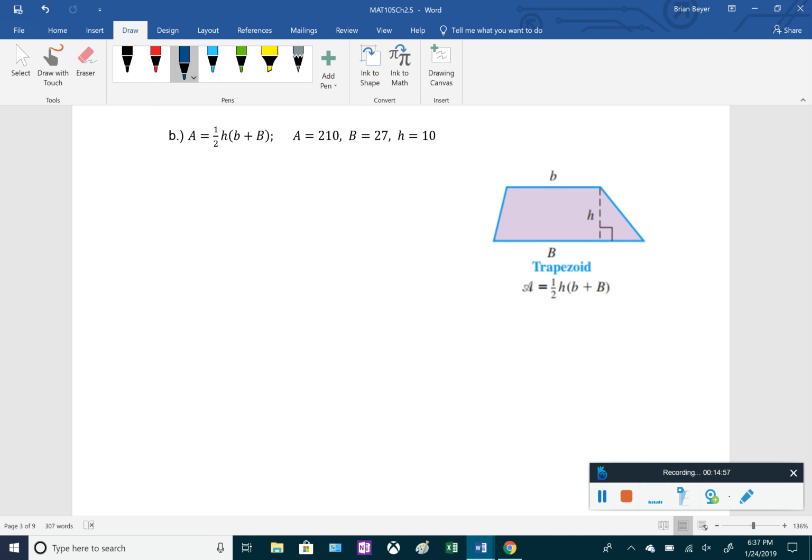So we're given the area, we're given one of the bases, and we're given the height. So that means we're solving for little b here, the other base. So let's plug everything in. So A is 210 equals 1/2 times the height. The height is 10. And that's going to be the base that we're looking for plus the other given base.